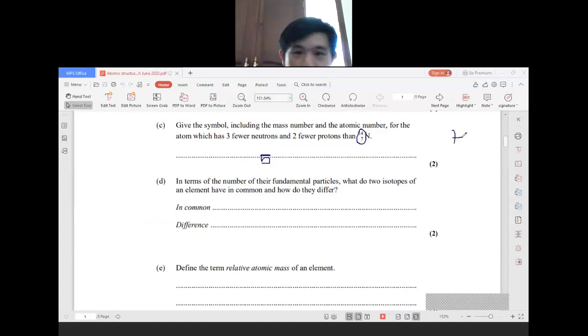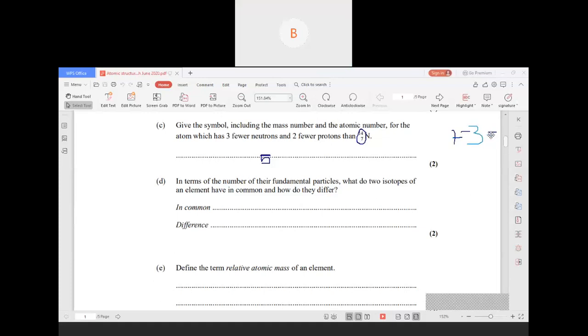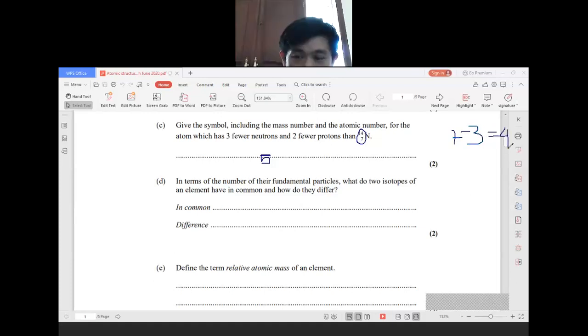If 3 less, meaning the neutron must be 4. Yeah, the neutron must be 4. What is the nucleon of this atom? Nucleon is proton plus neutron.